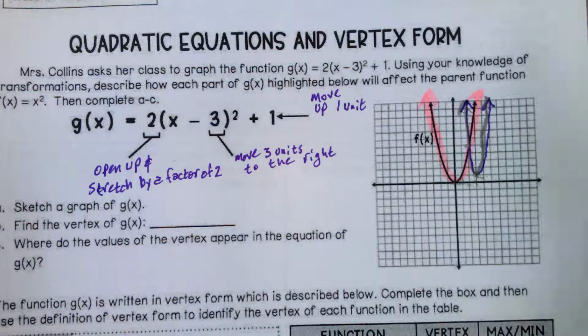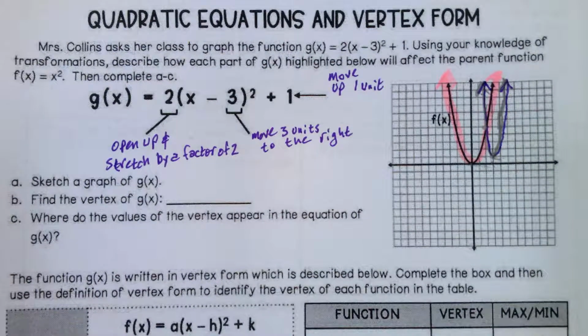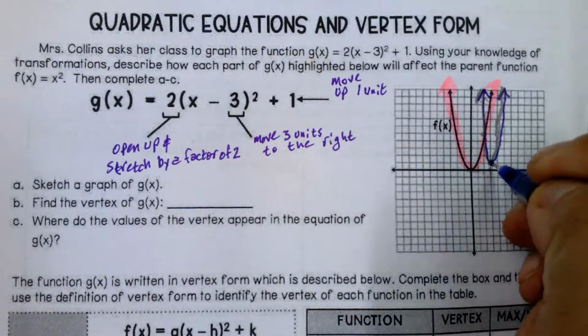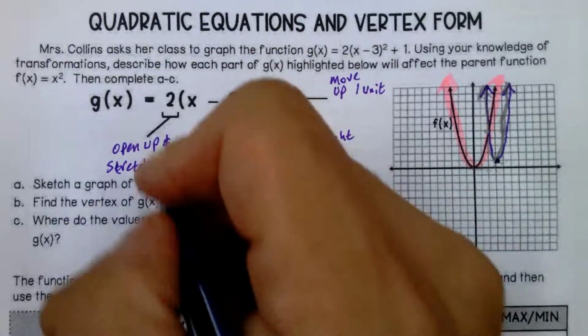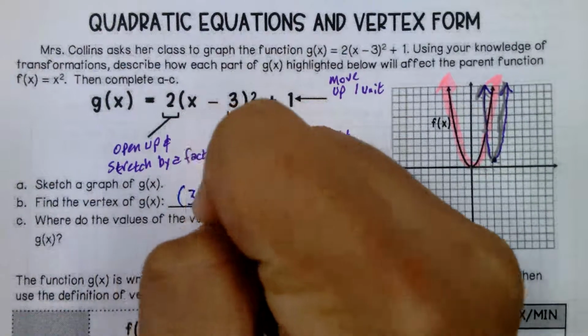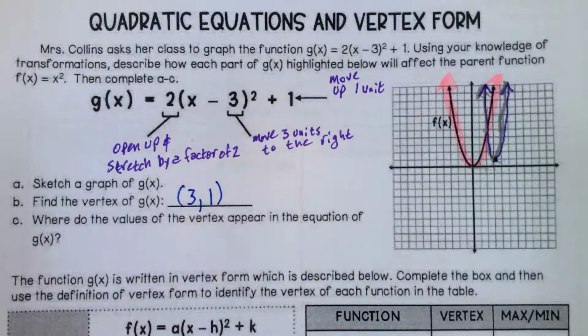All right. So we sketch the graph. Find the vertex. What's the coordinates for the vertex? 3, 1. Where do the values of the vertex appear in the equation? Okay, let's take a look at the equation.